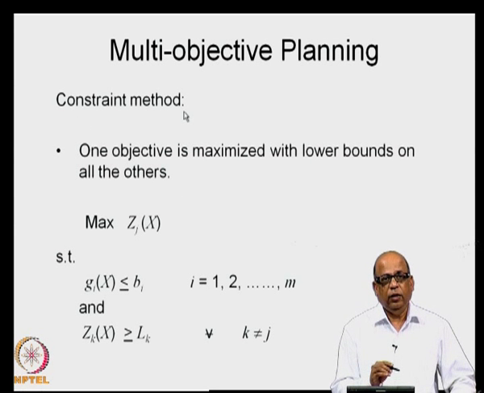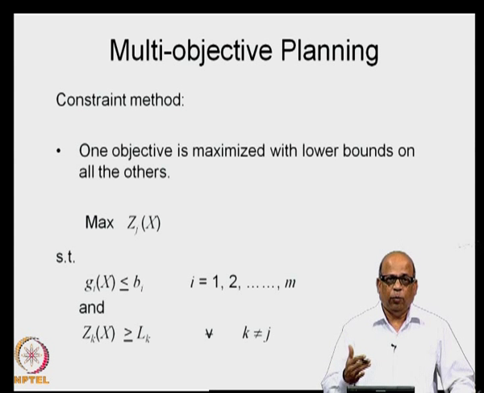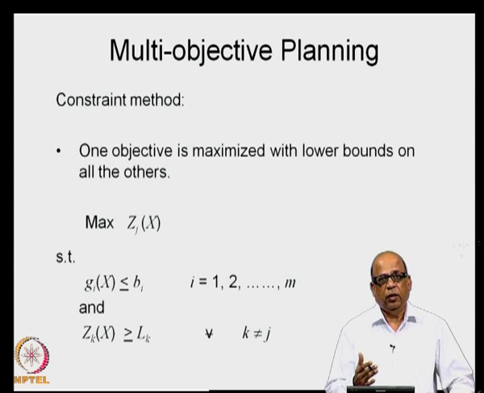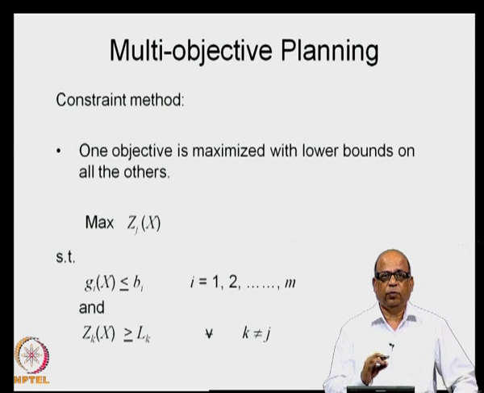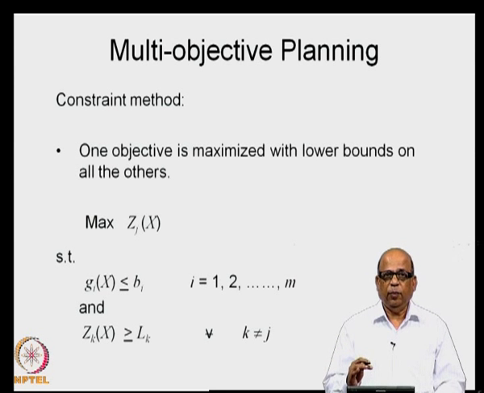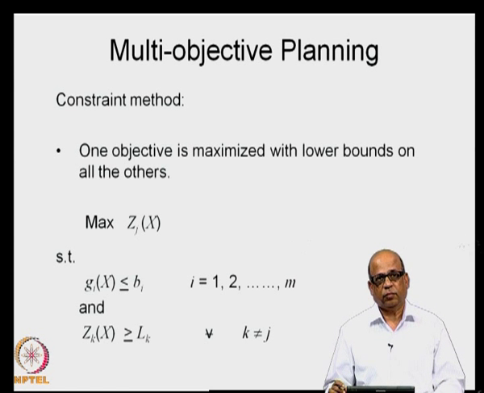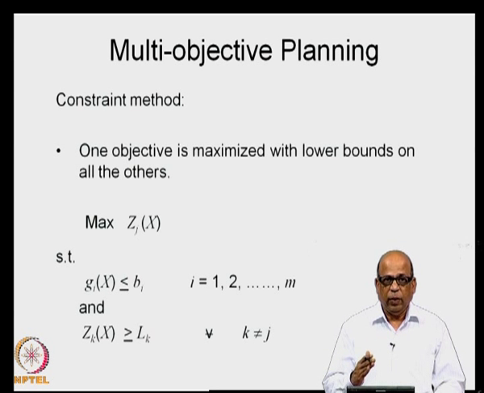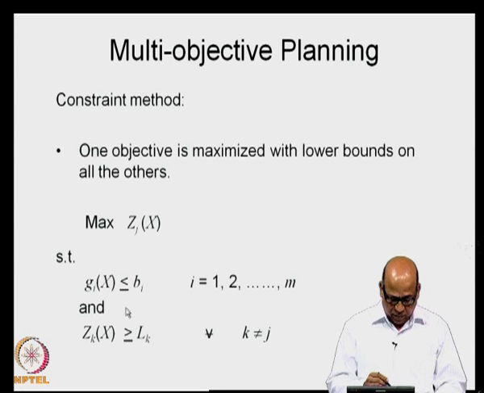The other method is the constraint method. Let us say you had p objective functions. In the weighting method, what did we do? We assigned weights to each of the p objective functions. In the constraint method, what we do is, we pick up one of the objective functions and maximize that objective function, while setting lower bounds to all the remaining objective functions.